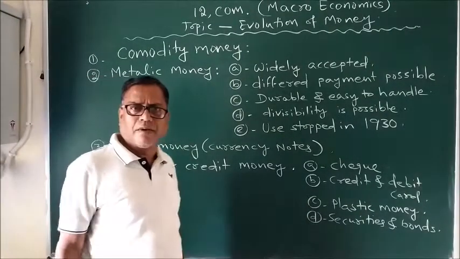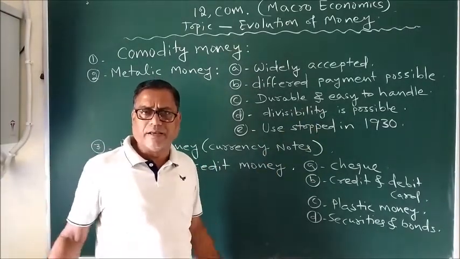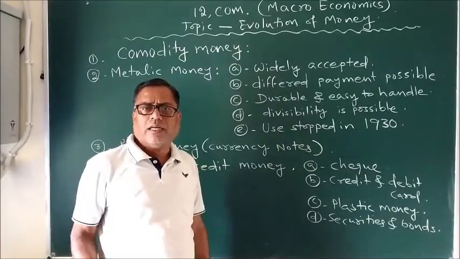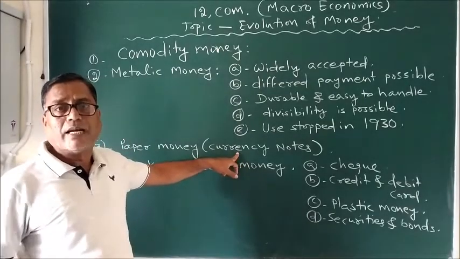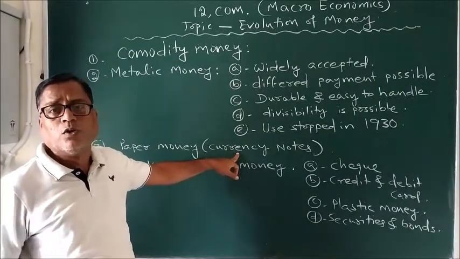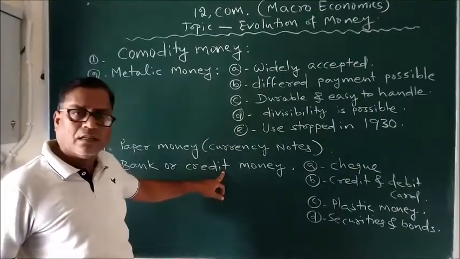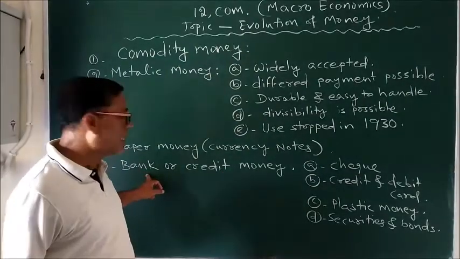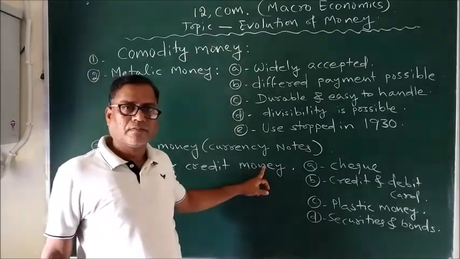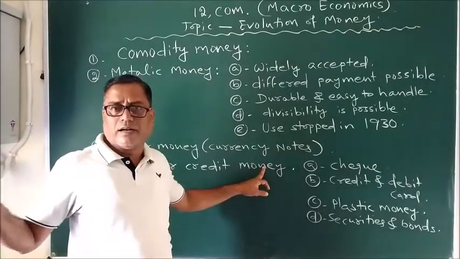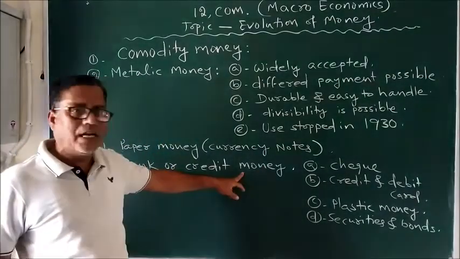And still we found some inconveniences. Suppose, for example, when we are involved in a huge transaction and we have to pay a huge amount of money, it is really inconvenient to pay in terms of currency. We might need truckloads of currency notes, which is not easy to handle, and in that requirement we ultimately invented bank or credit money, which is at the top nowadays, and it is the most convenient way of transactions.